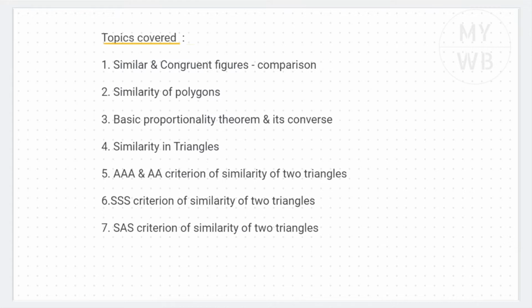So what I have done is, there are two different videos in which I have explained the 9 theorems, and let's solve MCQs from this chapter in a separate video.